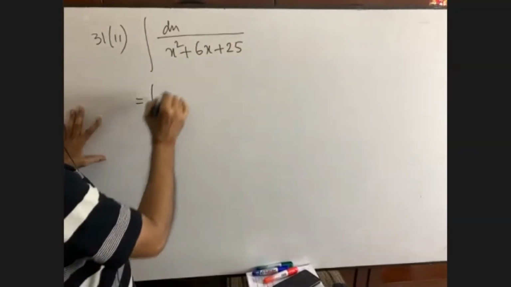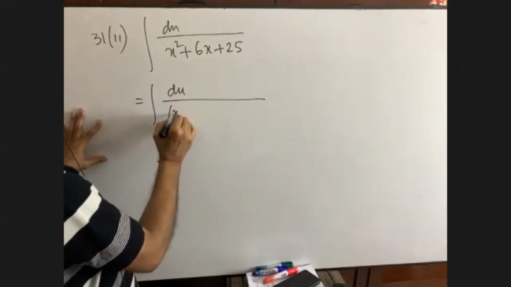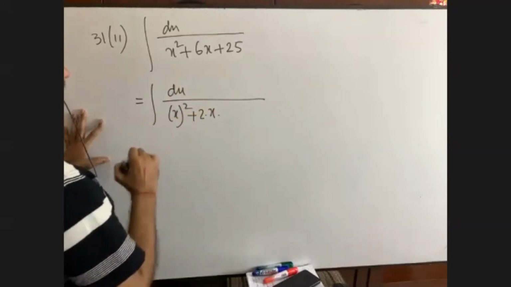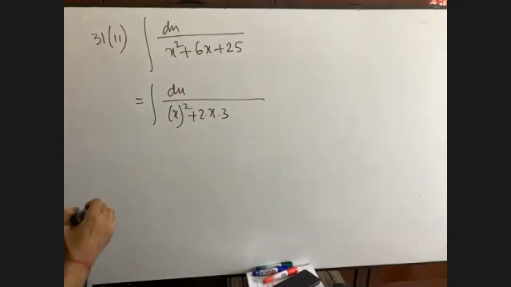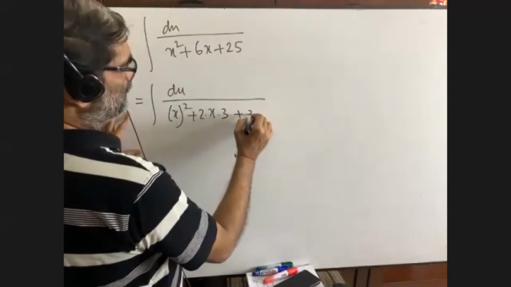Okay, you see what will you do? Like the previous math, a square plus 2a. It is 6x, so we need 3, right? It is plus 3 square.